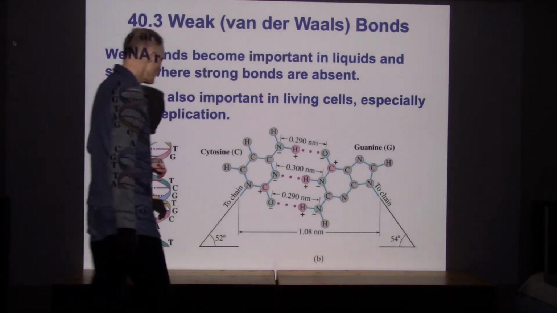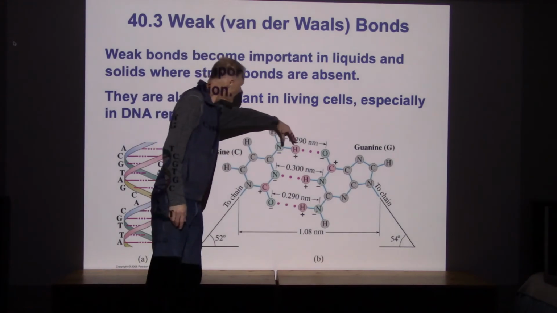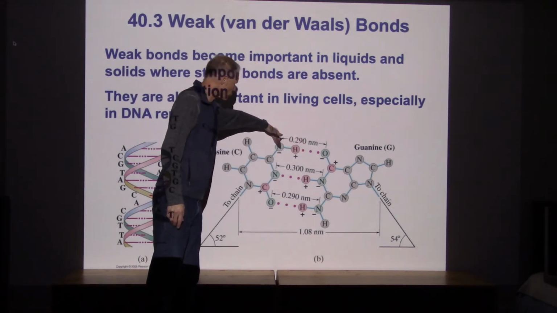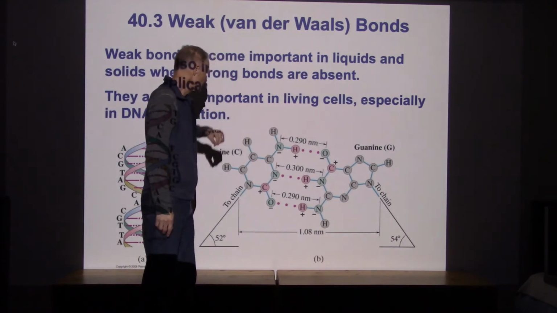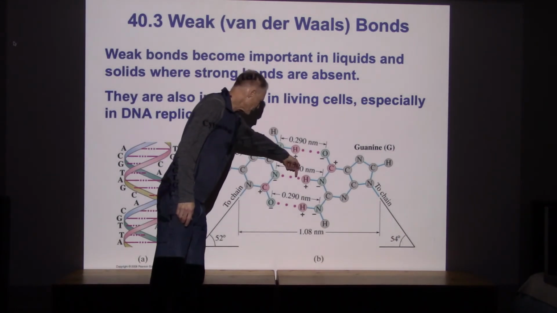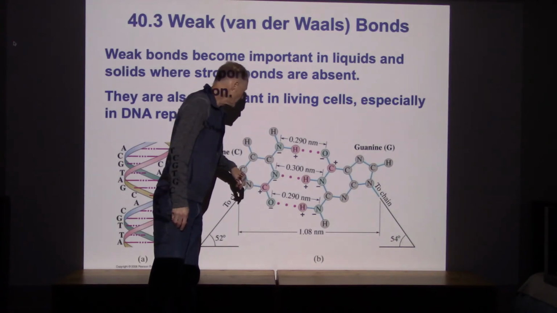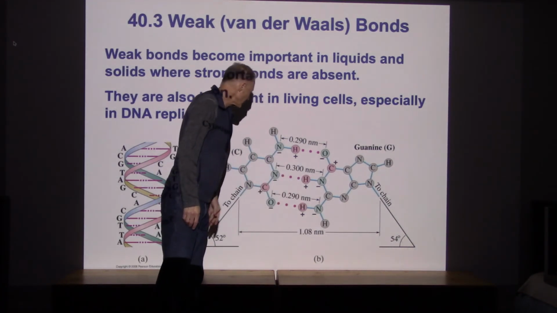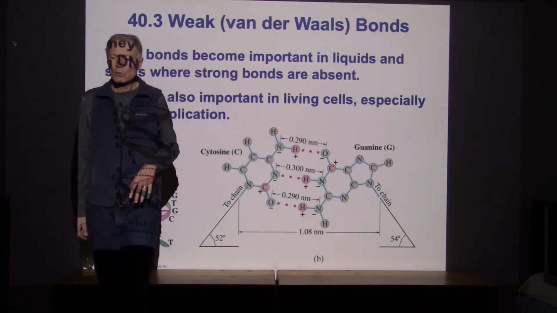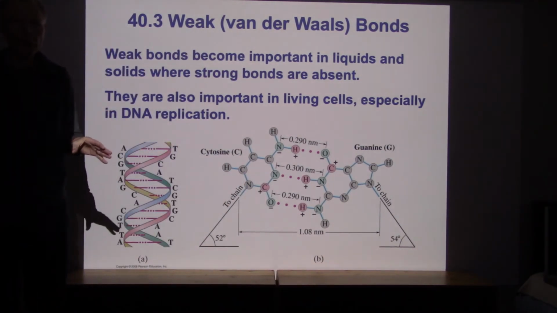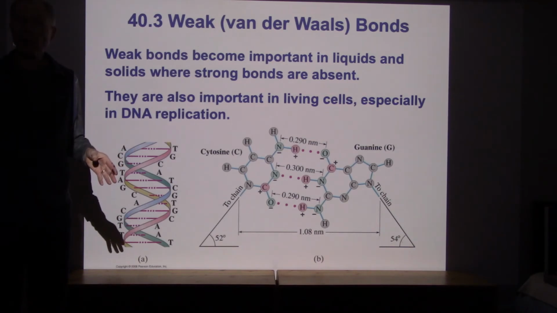The electron density is being drawn away from that hydrogen back towards the nitrogen, and in this hydrogen back towards that nitrogen, and in this hydrogen back towards that nitrogen, and the oxygens are tending to draw electrons towards them. So this is all coming back to that polar nature of covalent bonds.